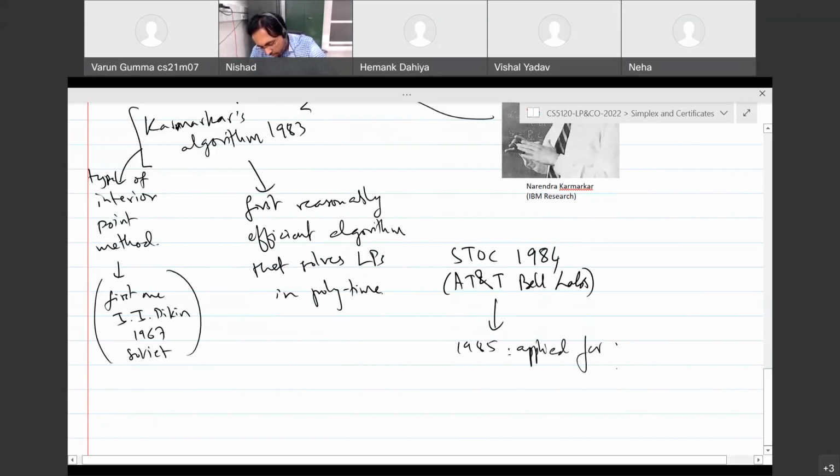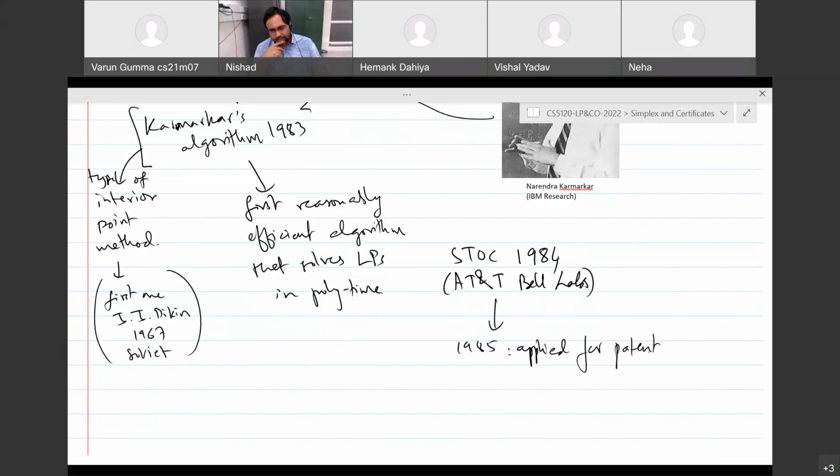Right, and this led to apparently a huge controversy. Already at the time there was a controversy going on about software patenting, because people were patenting things left, right, and center. And now there is a person who has done something very mathematical, and mathematics is generally not being patented. So there was a huge controversy in the US and around the world whether mathematics can be patented at all, right?